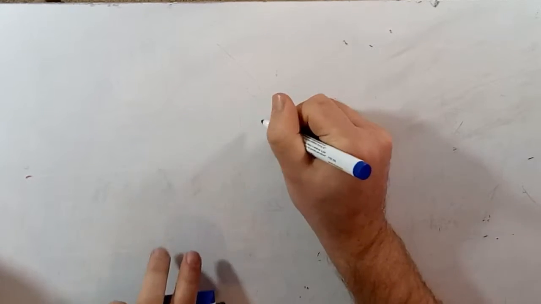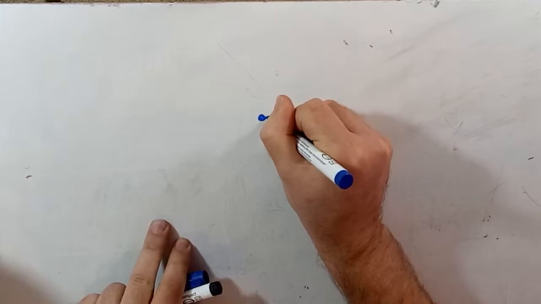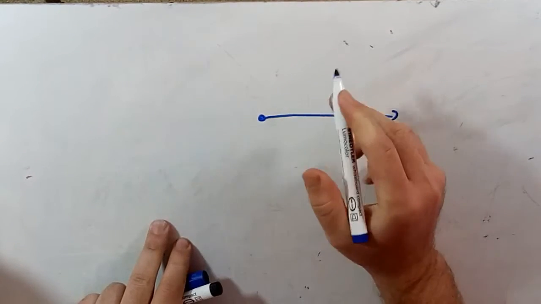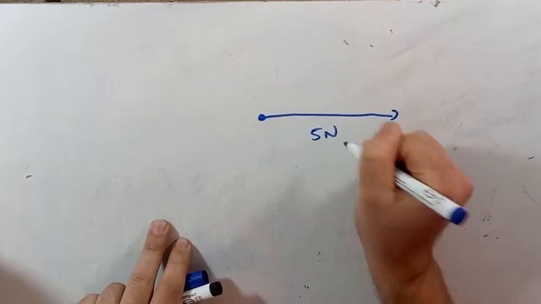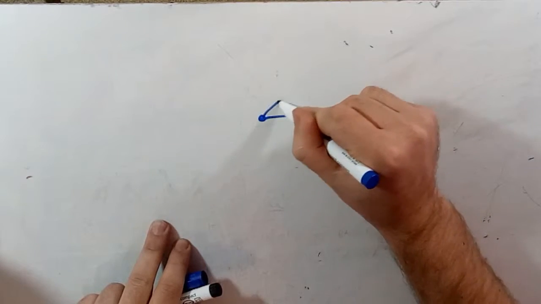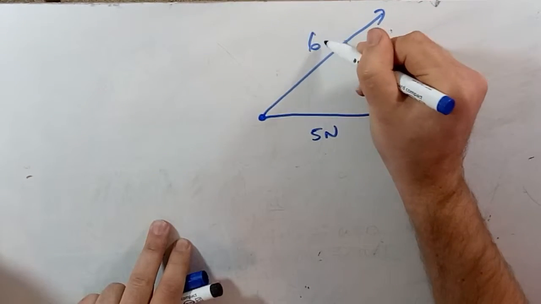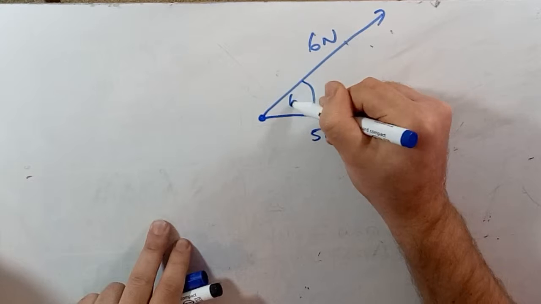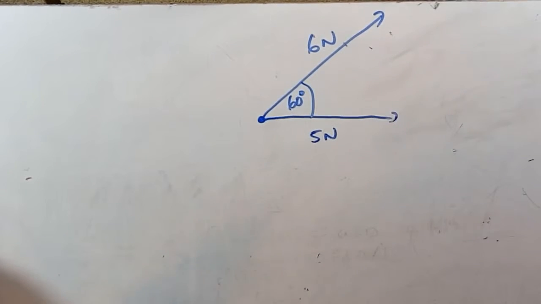Okay. So the next one we're going to do, we've got another static situation and our object is acted upon with 3 forces, 5 newtons, 6 newtons, 60 degrees between them.